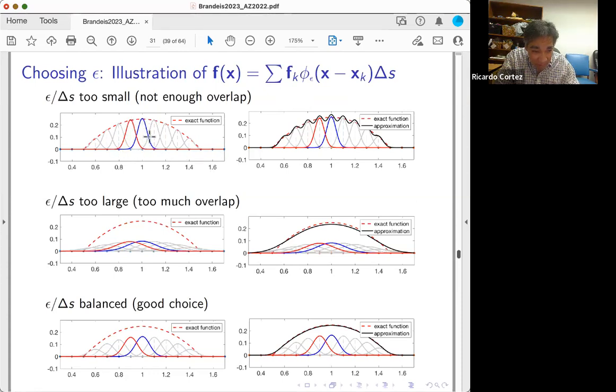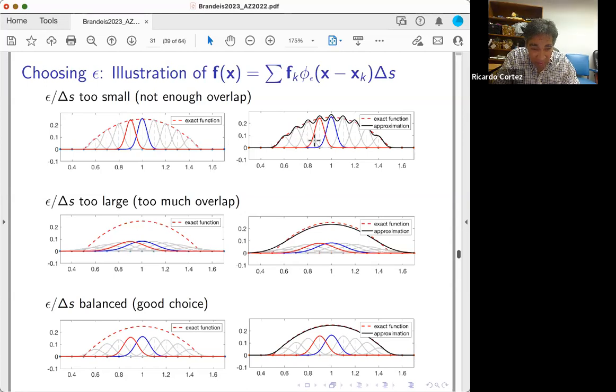I've drawn here two consecutive ones, so think of these as basis functions. I have a grid, this is like my flagellum, I have a bunch of points, and at each point I have this function, and I have a neighboring function. And somehow I want the sum of all of these to approximate this dotted red curve.